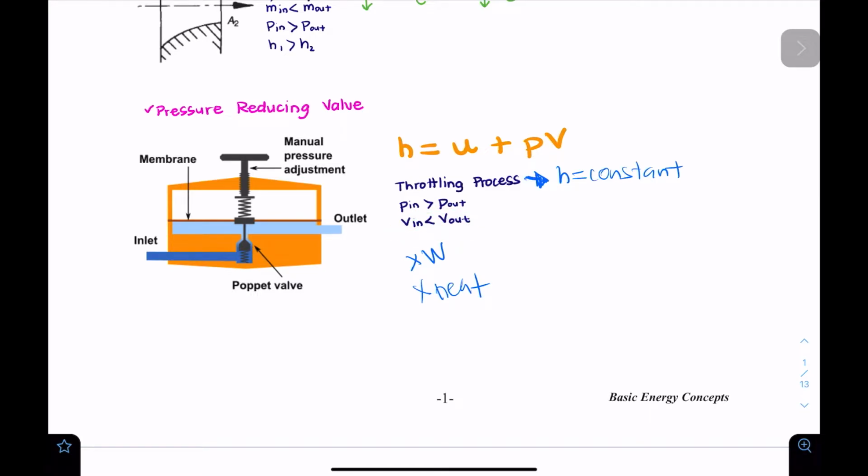And we can also observe that the enthalpies remain the same, because of this formula: the specific enthalpy is equal to the specific internal energy of the system plus the product of the pressure and the specific volume, right? If one goes up and the other goes down, that means they stay the same. This one remains unaffected and the enthalpy remains constant. That's basically how it works.